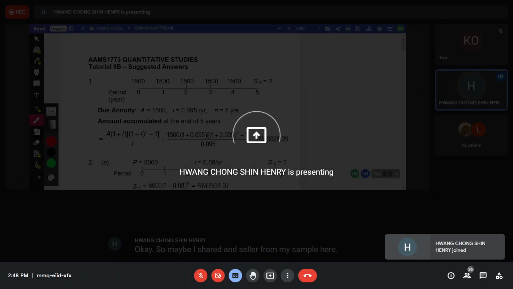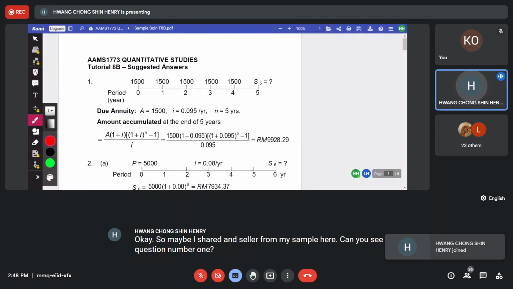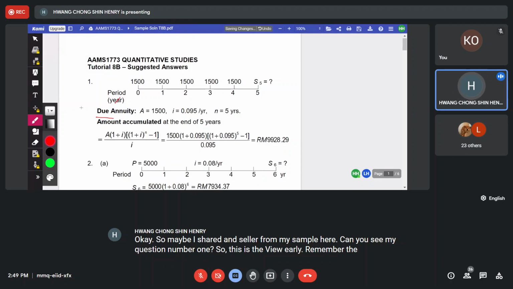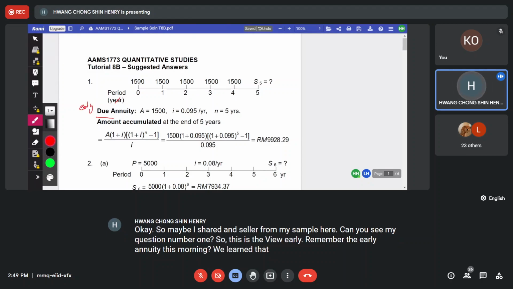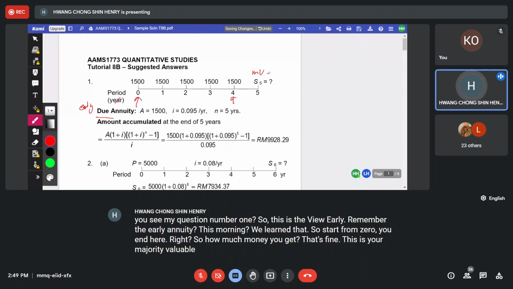Can you see my question number 1? So this is the annuity due. Remember the early annuity we learned this morning. So start from 0, you end here, right? So how much money you get? S5. This is your maturity value or S5 lah. So remember this is the formula.